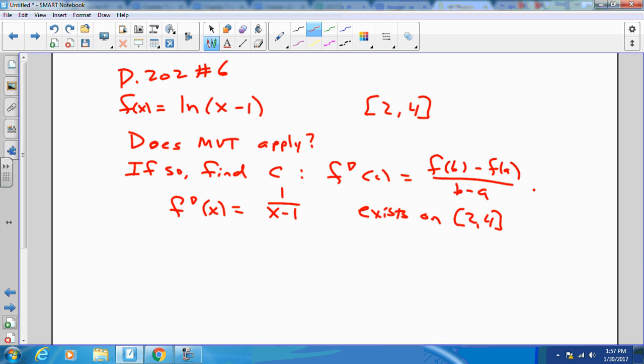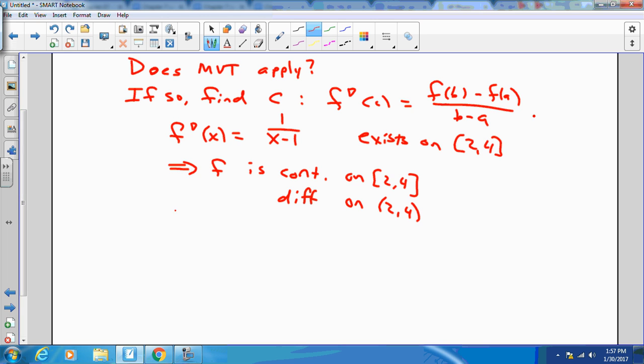Yep. And because it exists on 2 to 4, I can conclude that f is continuous on 2 to 4, and it is differentiable on the open interval 2 to 4. It's differentiable on the closed interval as well, but I don't need that as a condition for my theorem. So I conclude that the mean value theorem applies.